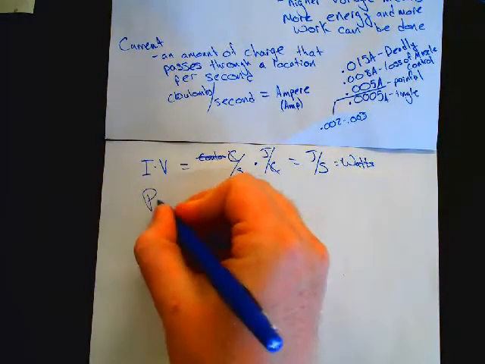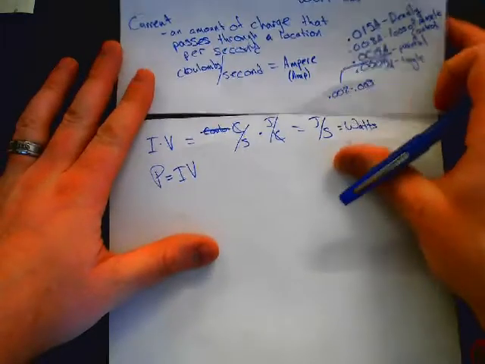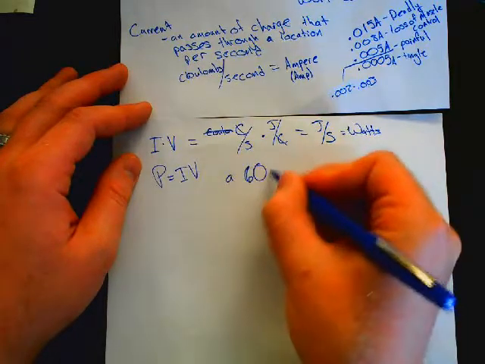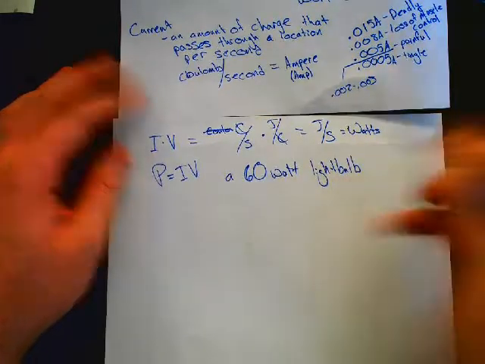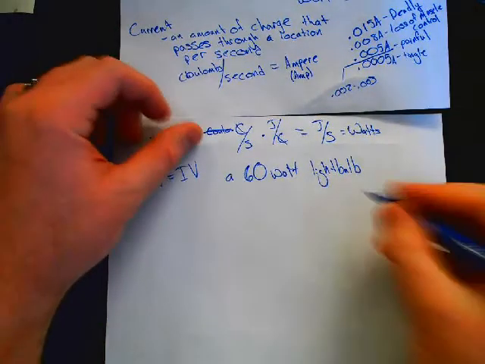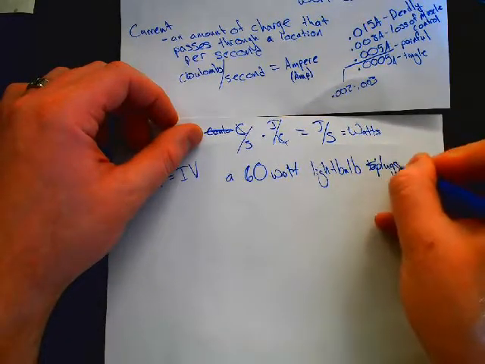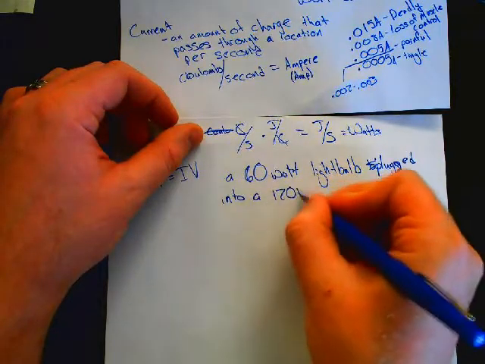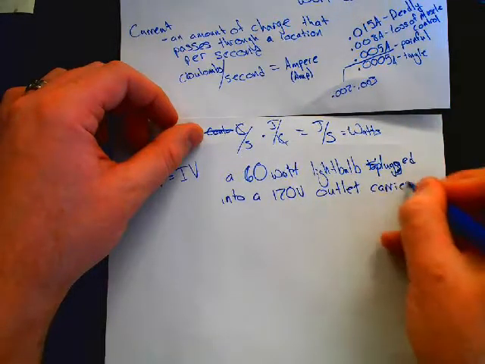So we have power equals current times voltage. If we wanted to talk about a simple 60-watt light bulb plugged into a standard 120-volt outlet, what current does it carry?